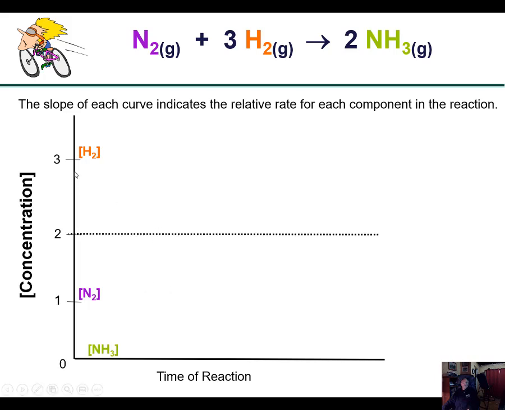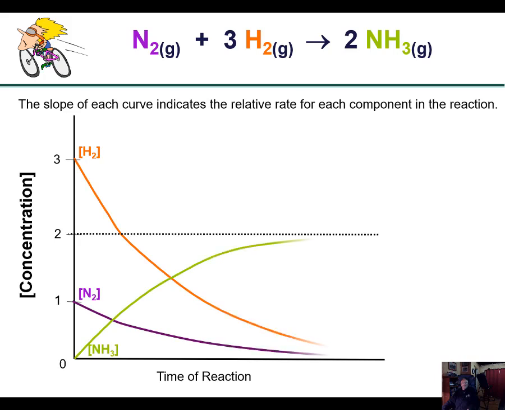And we can do that here. So hydrogen and nitrogen are our two reactants, and ammonia is our one product in this reaction. Now, we don't have any ammonia to start with, so its concentration is zero. And we have 1 mole of nitrogen and 3 moles of hydrogen. Let's take a look at the slopes of the curves as the reaction proceeds over time. So here we go.